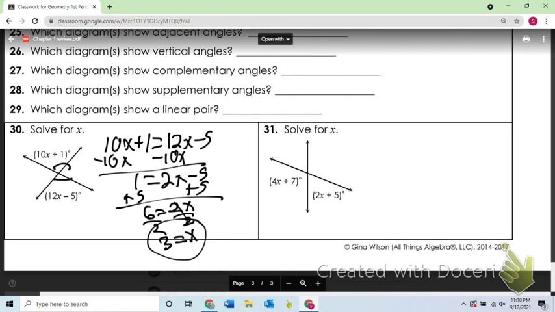And then finally 31, solve for x. Here they are not congruent, but they do have a special relationship. They're a linear pair, which means they add up to 180 degrees.